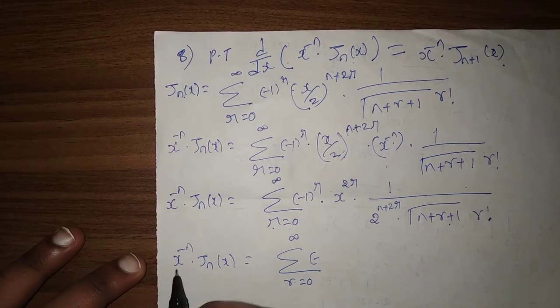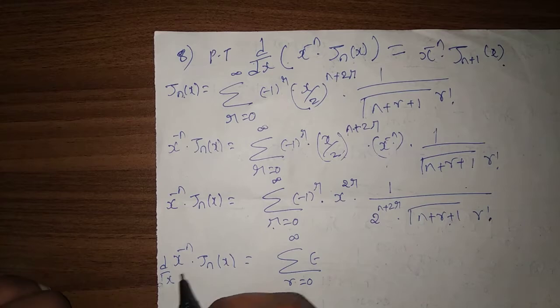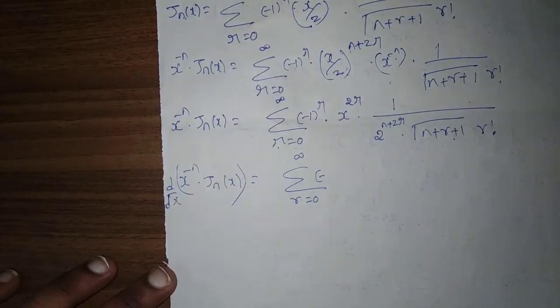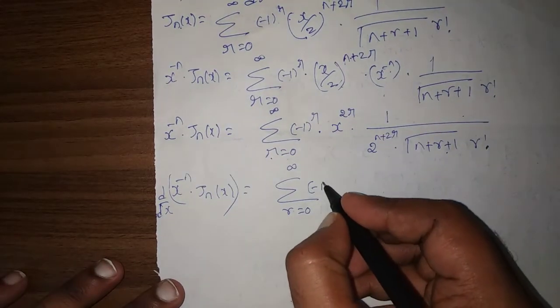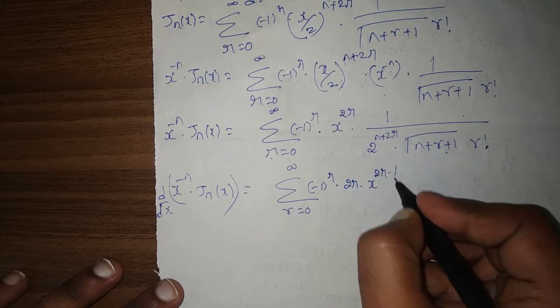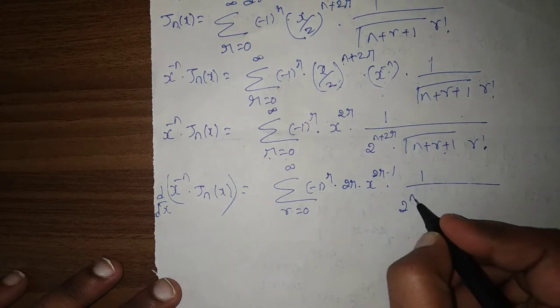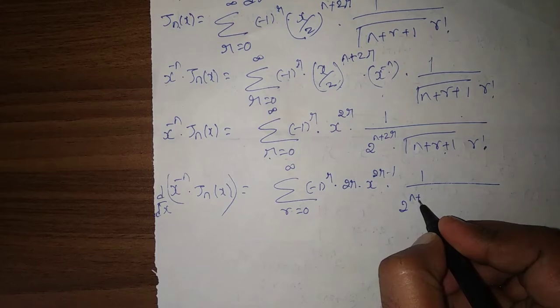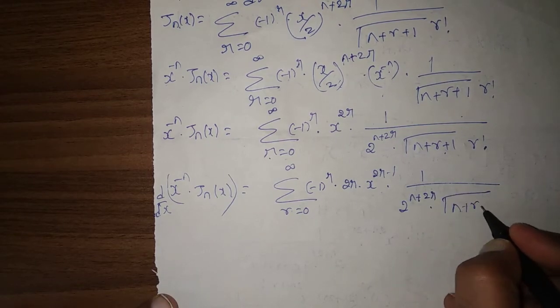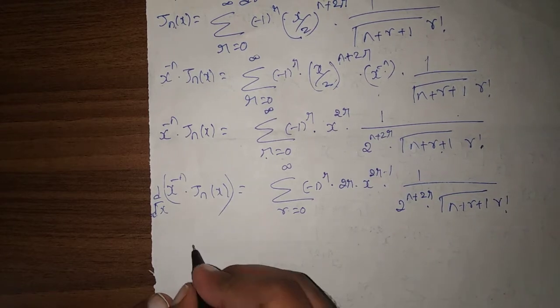Now we have to differentiate this, right? So d by dx of this, minus 1 to the power of r, 2r into x to the power of 2r minus 1, 1 divided by 2 power n plus 2r, gamma of n plus r plus 1 into r factorial.